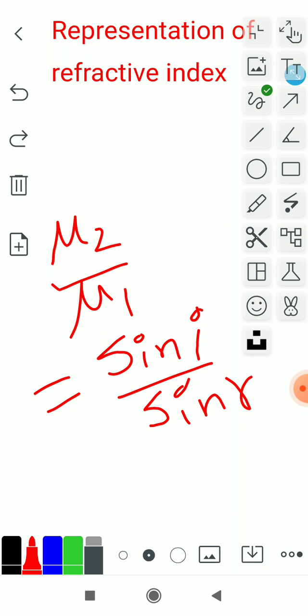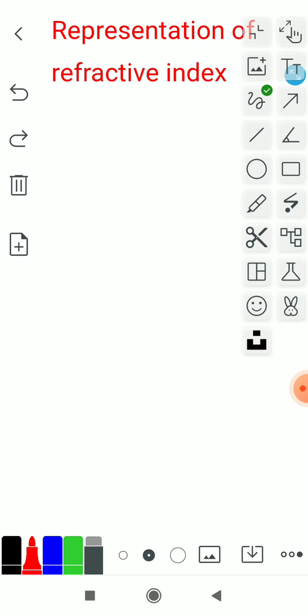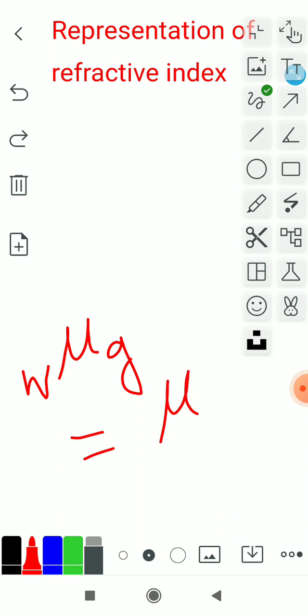We can take any other example too. Suppose I write w mu g. What does it mean? w mu g means the refractive index of glass, g for glass and w for water, with respect to the medium water.